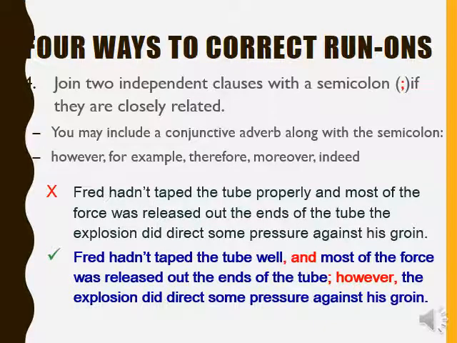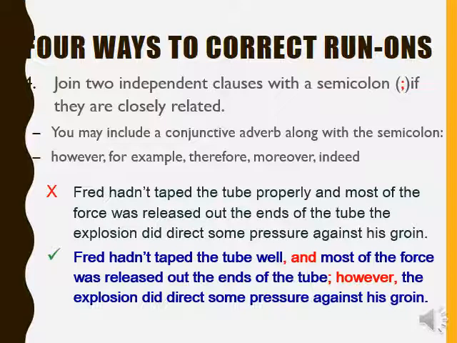Fred hadn't taped the tube well, comma, and most of the force was released out the ends of the tube. Semicolon. However, so here we use the conjunctive adverb. The explosion did direct some pressure against his groin.